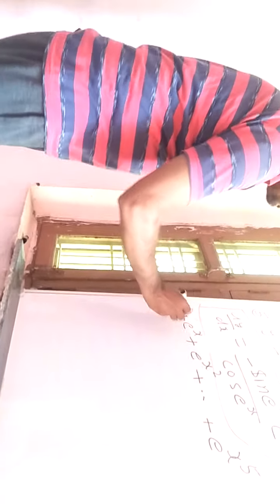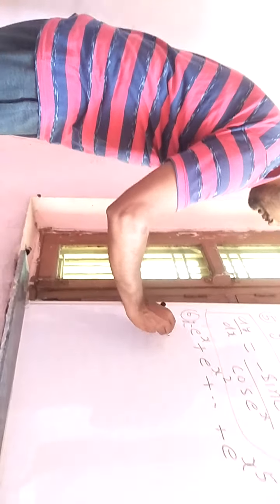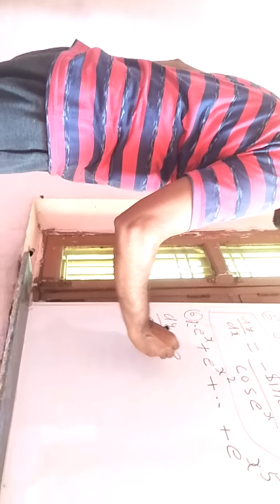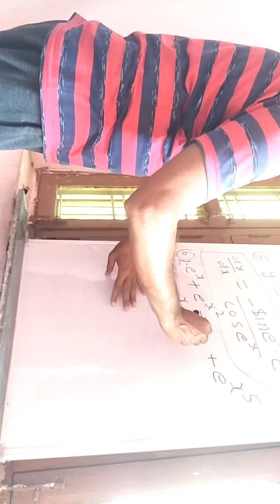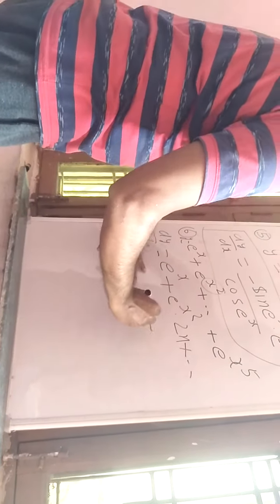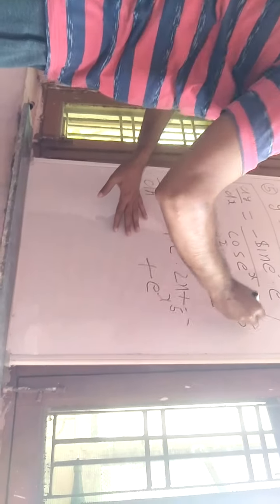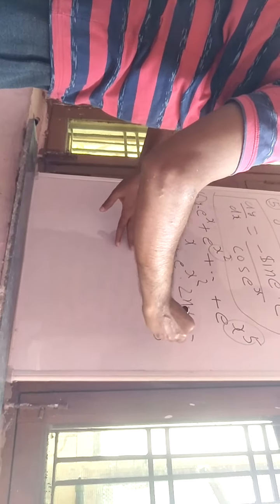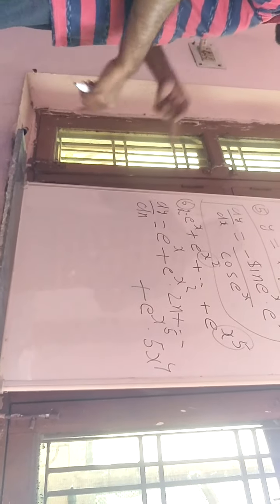Also we have to find dy by dx, so this is dy by dx, and e to the power x, the same, so this is also e to the power x, and here is e to the power x square into 2x, plus dot dot, and here is e to the power x to the power 5, and this is also into 5x to the power 4. We have to explain.